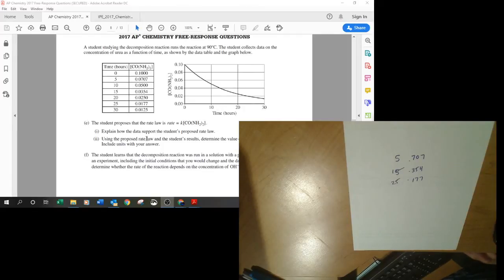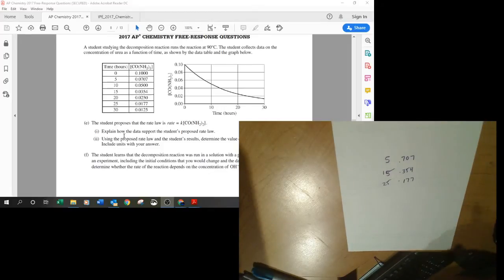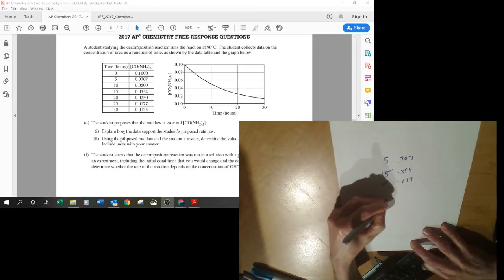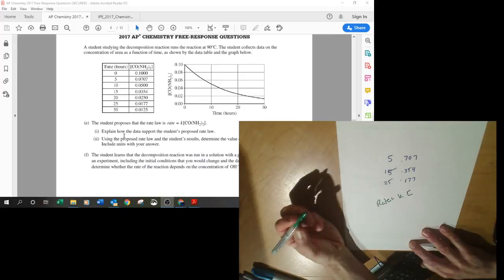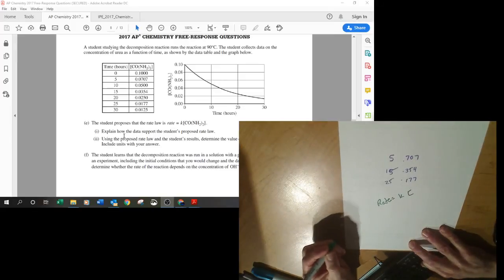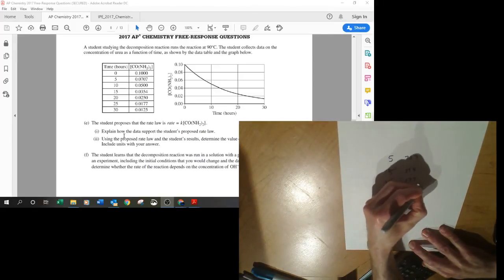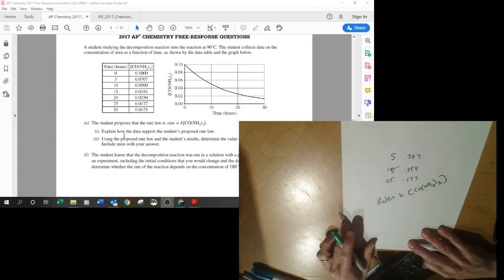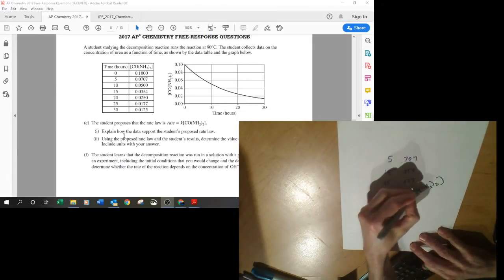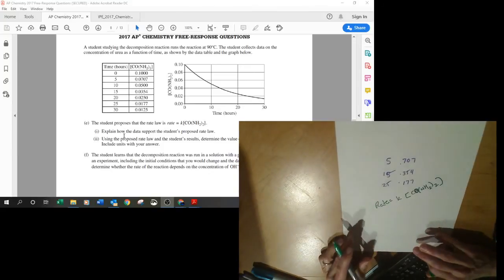Using the proposed rate law and the student's results, determine the value for K. Alright, so let us see here. We've got rate equals K, concentration of whatever that monstrosity is. Some sort of carbon monoxide amide, I don't know. Did they give a name for that?